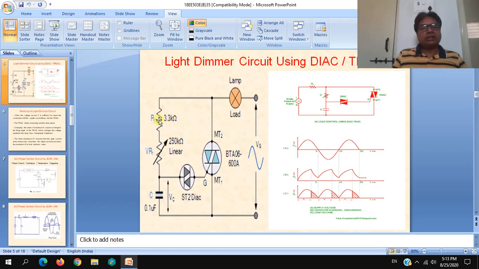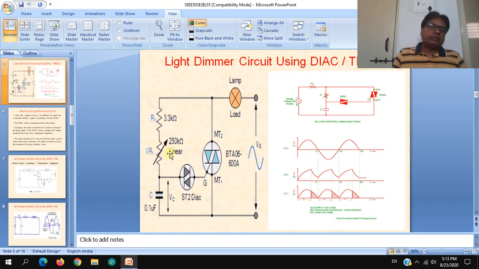And the desired value of this R1 should be such that even when this resistance is zero, the voltage built up across the capacitor should not be able to drive the diac and turn on the triac, or it should be just sufficient for that voltage.